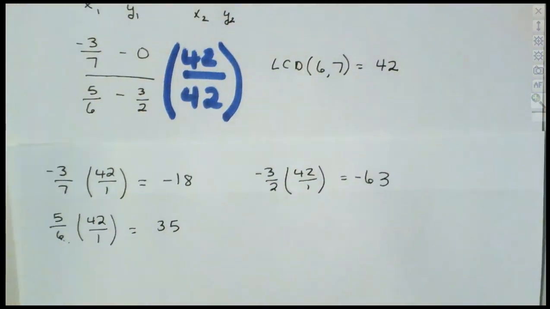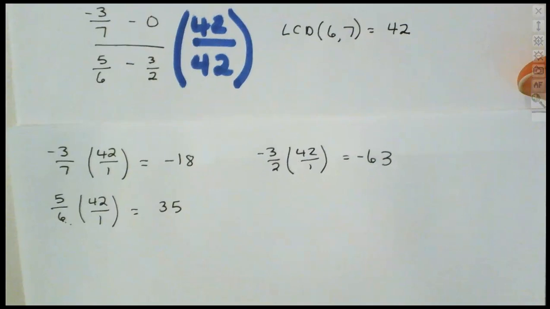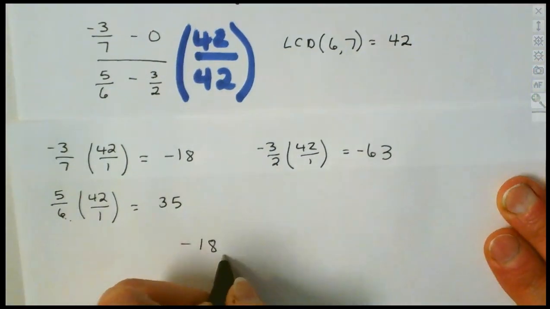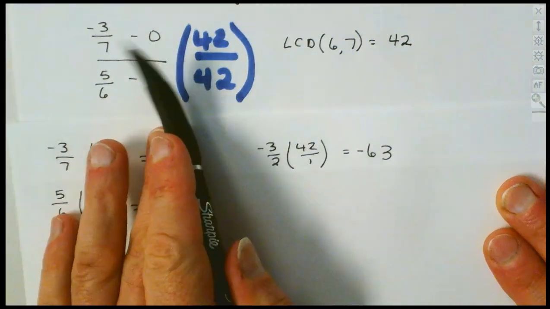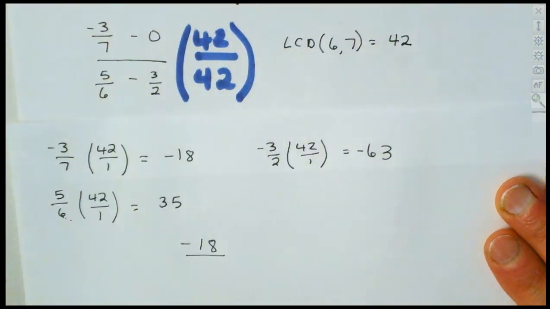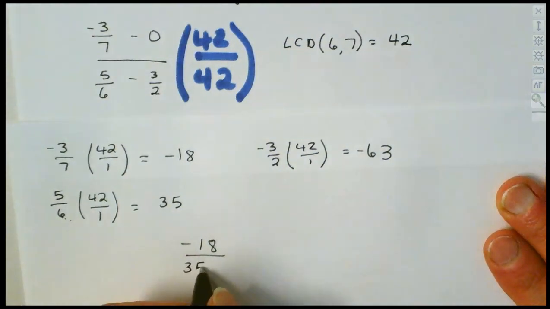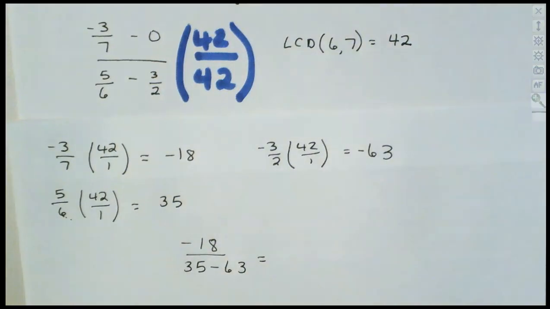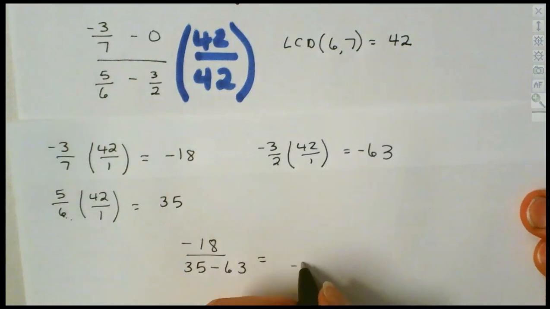We're going to put our pieces back together. So what do we have for our pieces? We have a minus 18. We don't need to worry about the 0 because that's gone. So we've got the minus 18. And down below we have 35 minus 63. 35 minus that 63 is going to be negative 28.